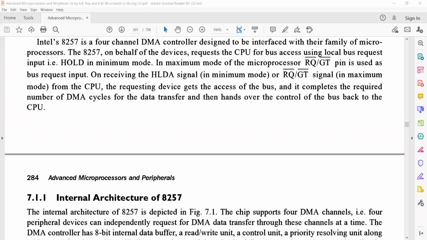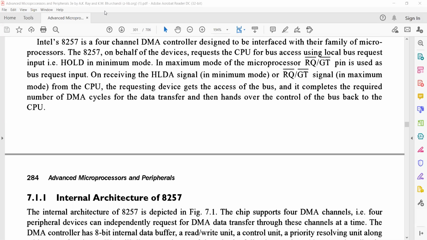The 8257, on behalf of the device, requires the CPU for bus access using the local bus request input, that is HLD in the minimum mode, and in the maximum mode the request or grant pin. These two are very important.